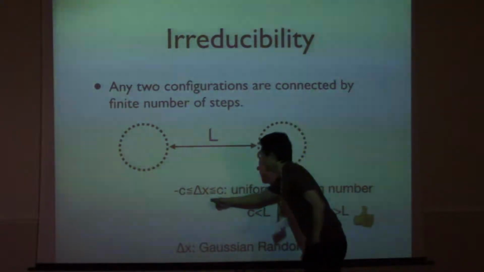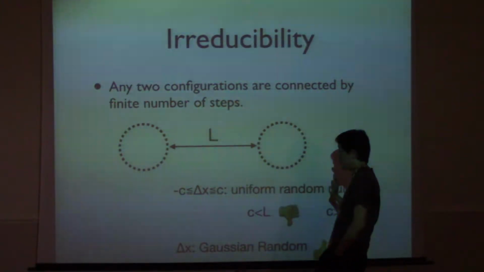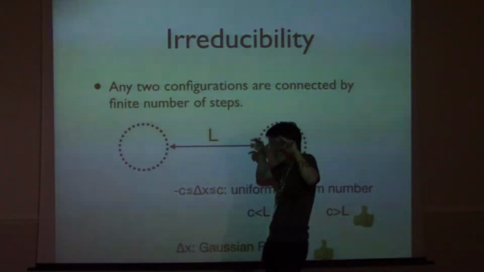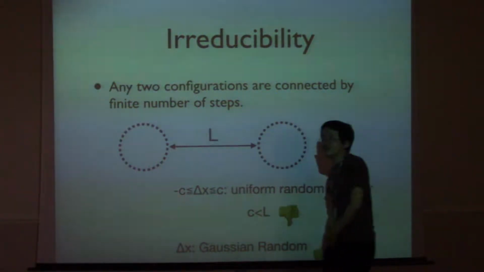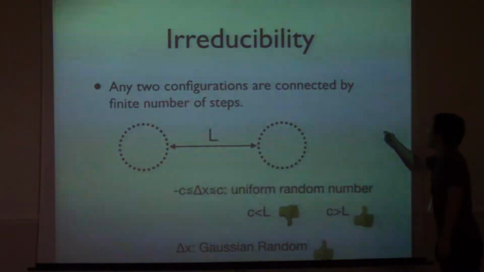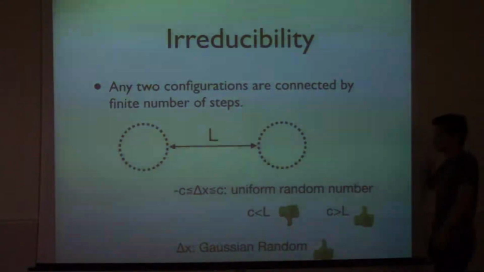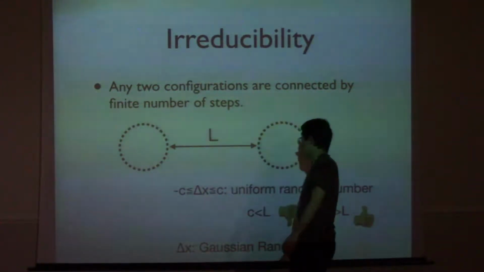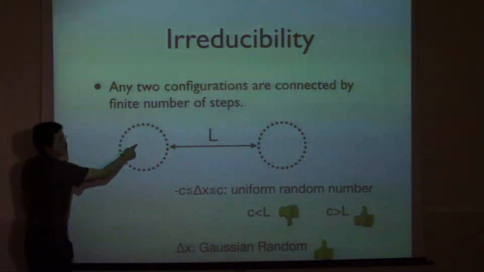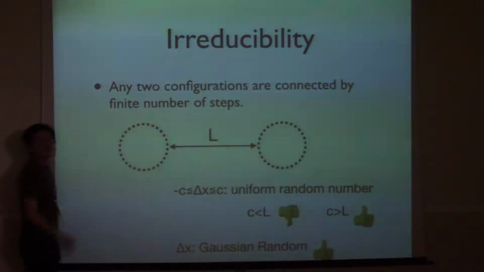So I said step size, but by step size I just mean this C. So the step can be between 0 and C, right? So I just set x to be x plus a smaller number, and the smaller number is drawn from here. Then sometimes from this configuration you just get a very nearby configuration.